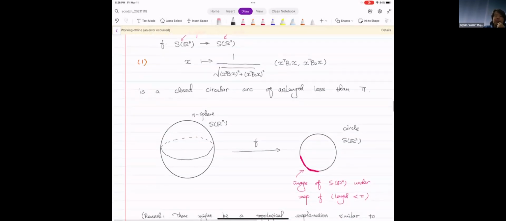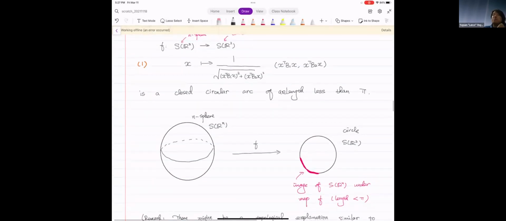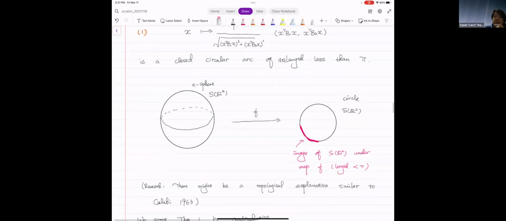Now, the proposition we rely on to finish the proof says that for any 2 symmetric matrices B1 and B2 that satisfy a certain property, I can introduce a nonlinear map from the n-dimensional sphere to the 2-dimensional circle. And the image of the map has to be a circular arc whose length is less than pi.